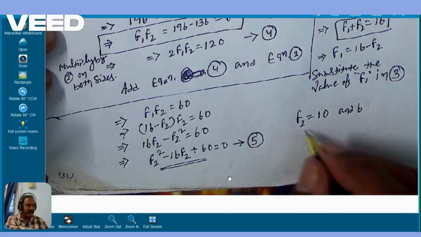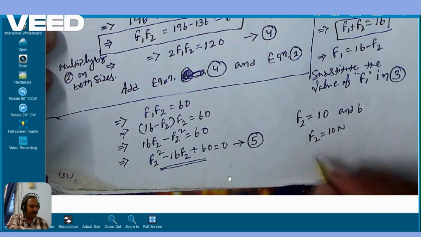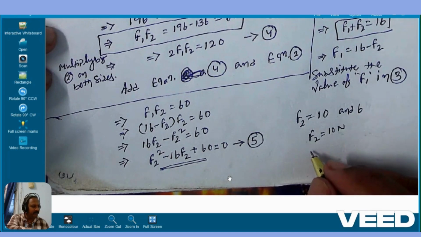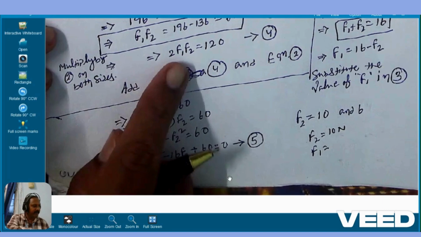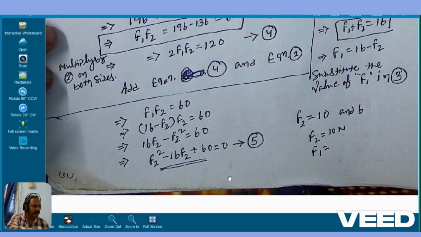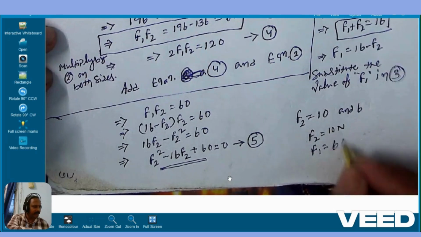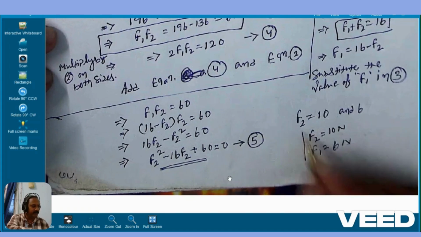If you take F2 as 10 Newtons, then you substitute the value of F2 in any of the equations. F1 is equal to 16 minus F2, so 16 minus 10 is 6 Newtons. If you take the value of F2 as 6 Newtons, F1 you will get 10 Newtons. So this is your answer.